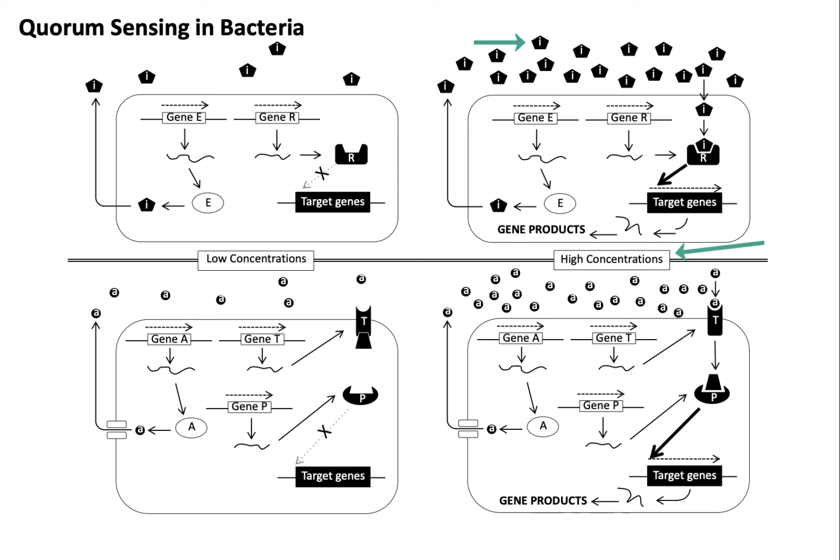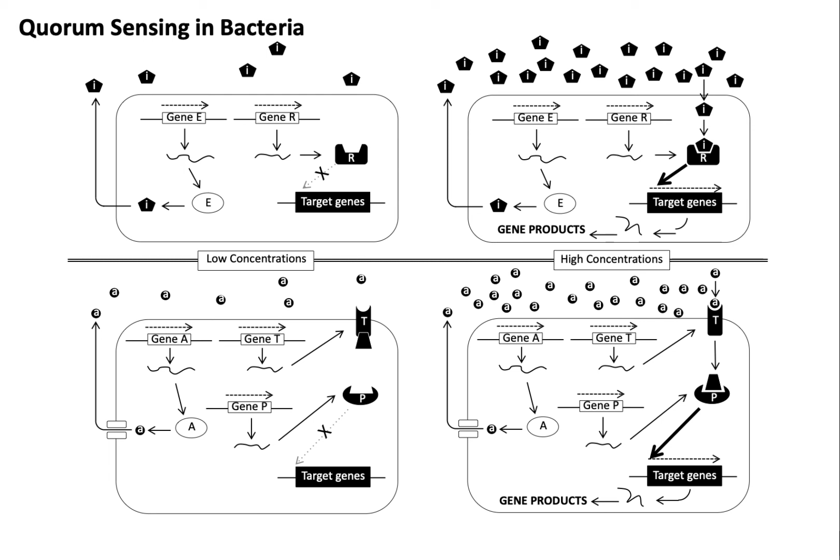But at higher concentrations of bacteria, when more of those molecules are around, they'll enter the cell, interact with a receptor, which will then cause the increased transcription of target genes and gene products. And sometimes these gene products emit light, so you can see these things fluorescing in the ocean and other places.